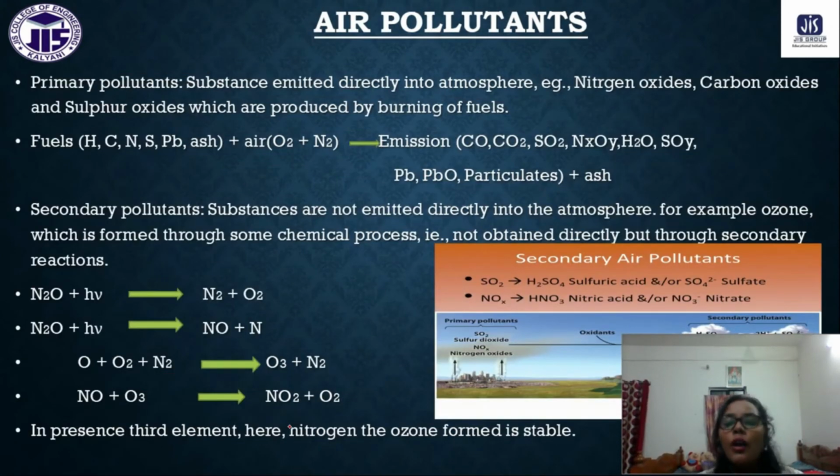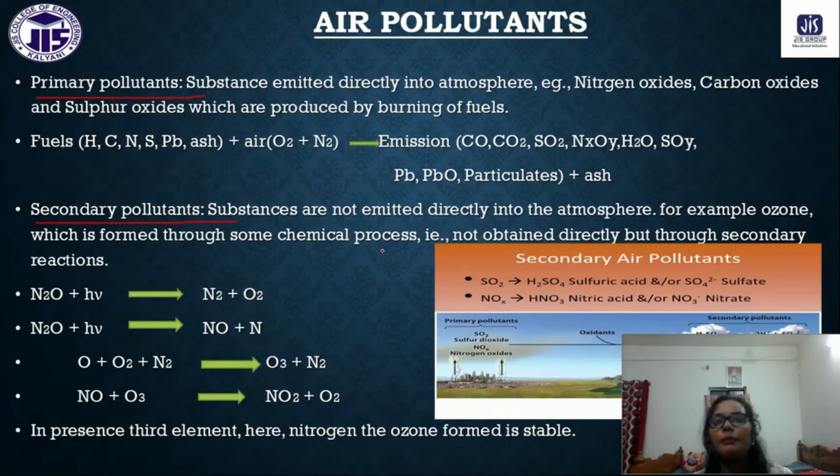Now, air pollutants based on the origins. Generally, air pollutants are of two types. One is primary pollutant and the second one is secondary pollutant. So what are primary pollutants mainly?